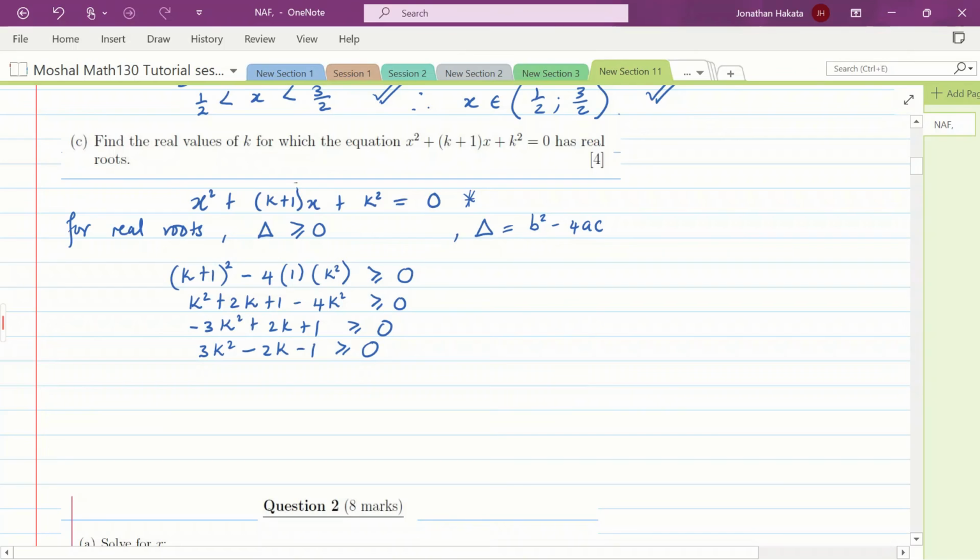There are several methods of factorizing this. You can take the 3 and multiply it by negative 1, you have negative 3, and you have negative 2 in between. So you're looking for two numbers which when multiplied will give you negative 3, and added will give you negative 2. So I think it's 1 and negative 3.